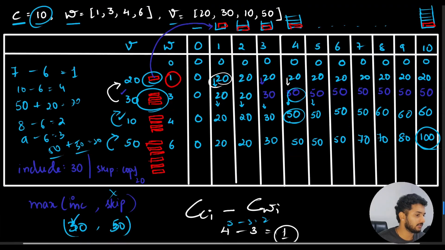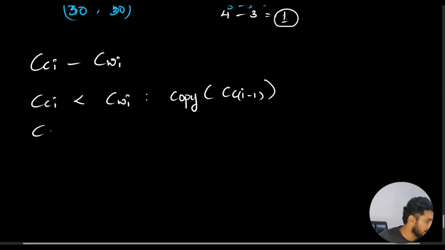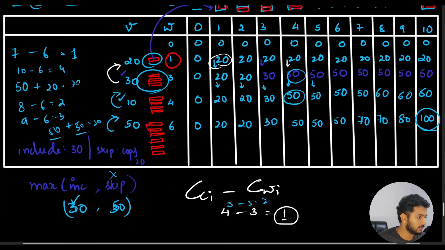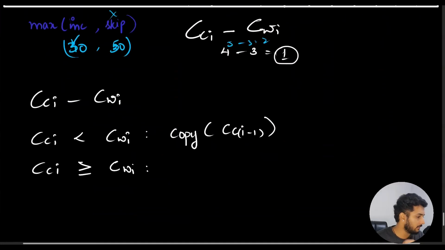And if it is greater or equal to the current weight, then what we are doing at this point, let's think of example 4. Now what we are doing is we are computing the maximum from inclusion and skip.